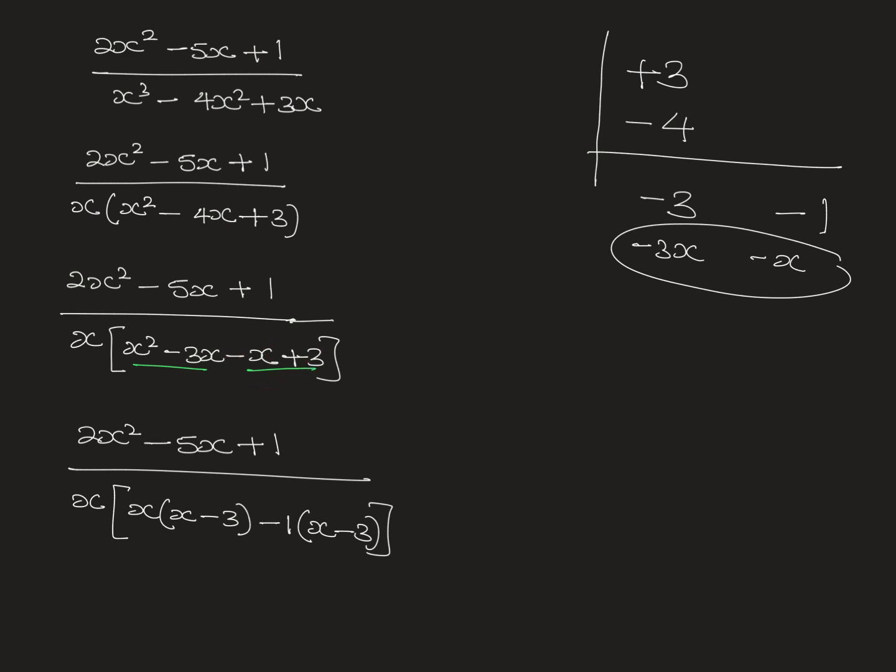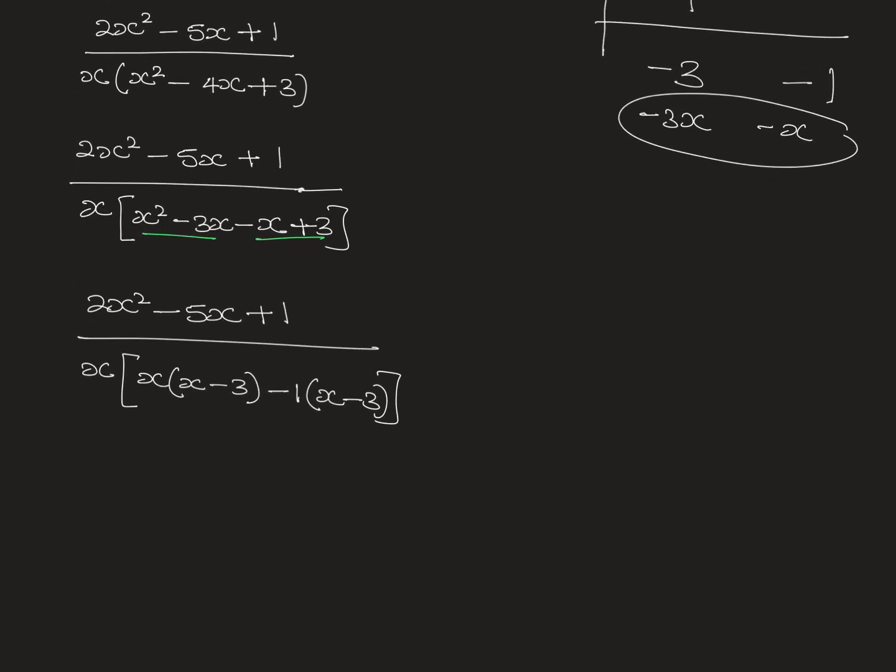Whenever you have a negative sign, always be careful. So moving on, we'll have 2x squared minus 5x plus 1 all over x into, since x minus 3 is common, which means x minus 1 can be factored out.